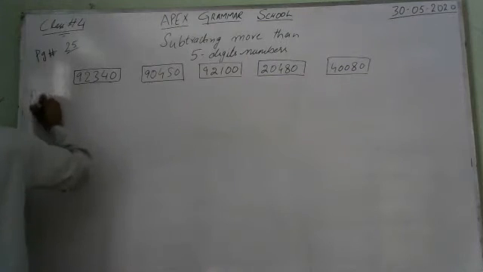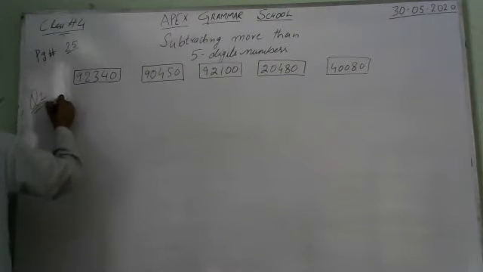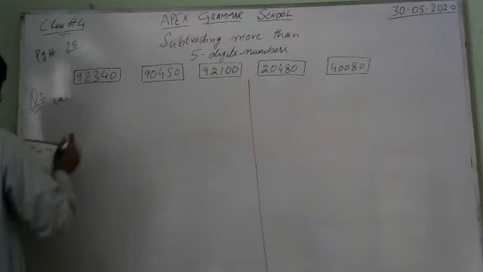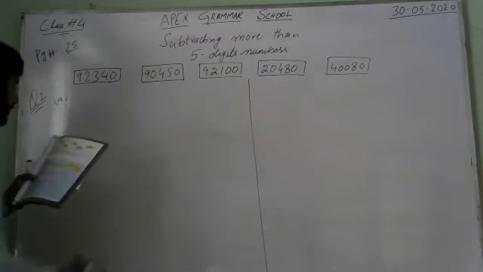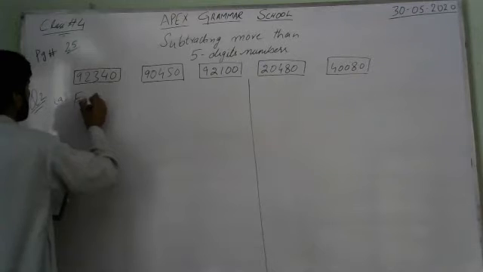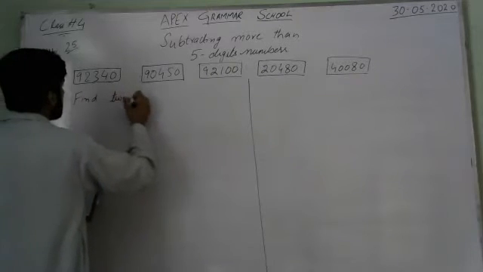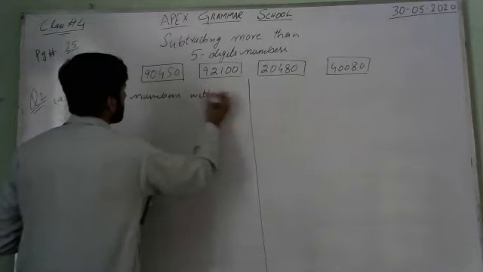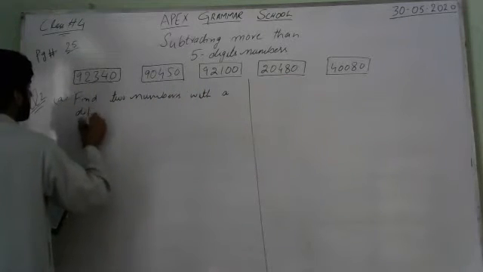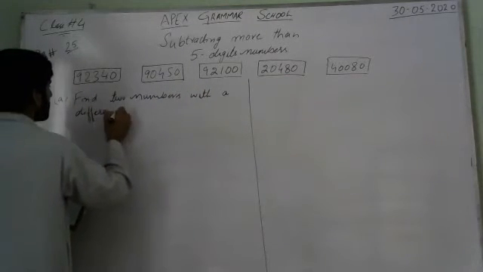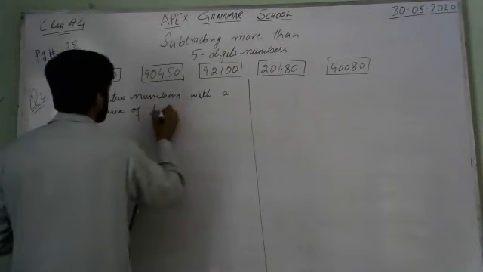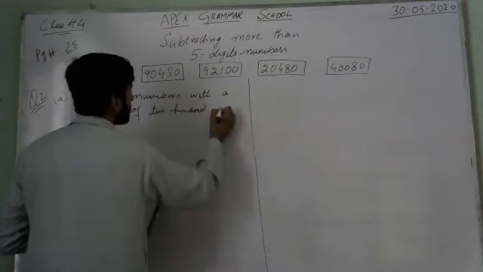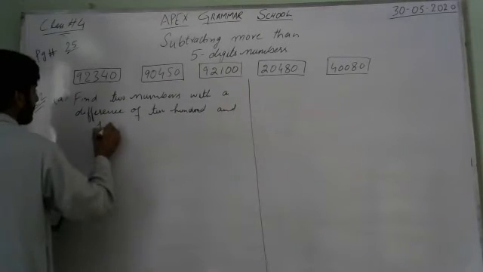Question number 2, A part is find two numbers with a difference of 240. Difference of 200 and 40.